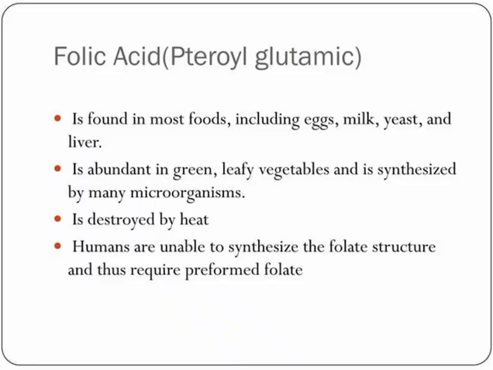It is also abundant in green leafy vegetables and synthesized by many microorganisms. It is essential for producing healthy red blood cells and prevents megaloblastic anemia, and this nutrient is crucial for pregnant women also.